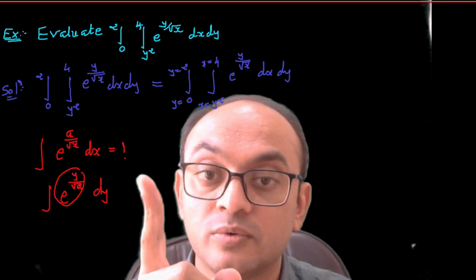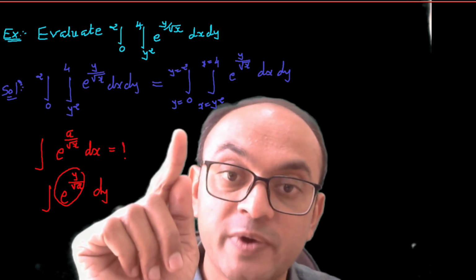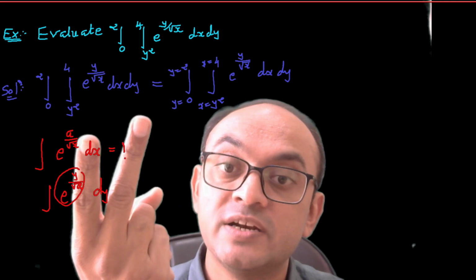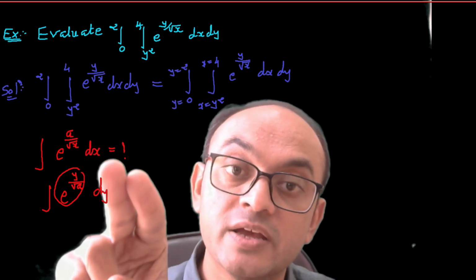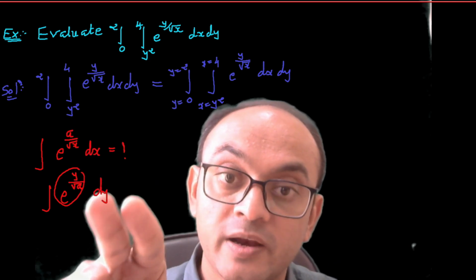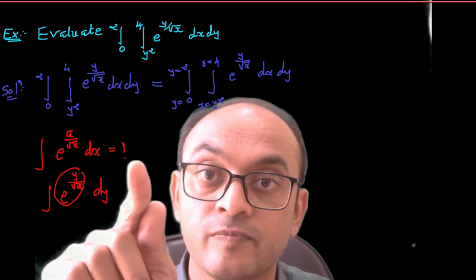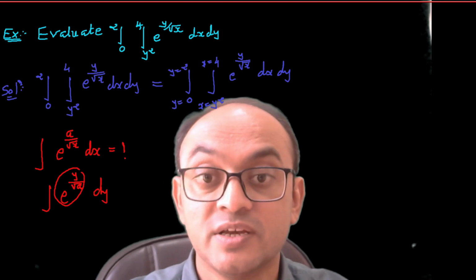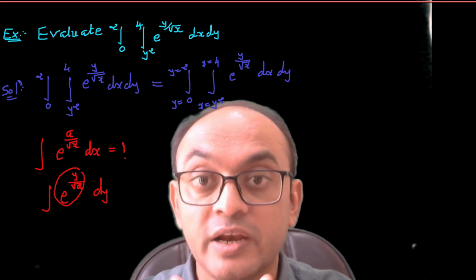But you know, here the integration with respect to x is not possible, but we can interchange dx dy with dy dx also, right? That is Fubini's theorem, right? When we can interchange dx dy with dy dx. In general we cannot interchange, right?